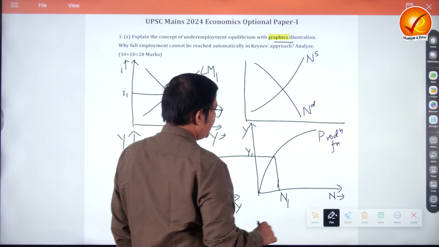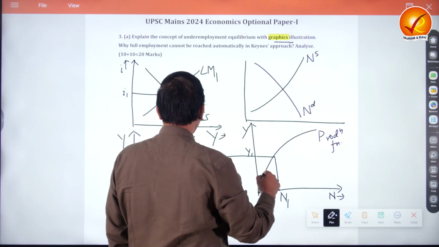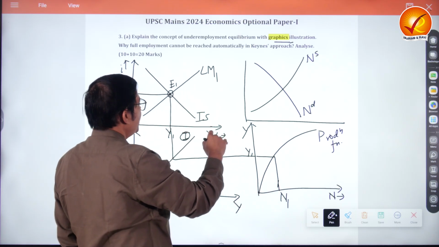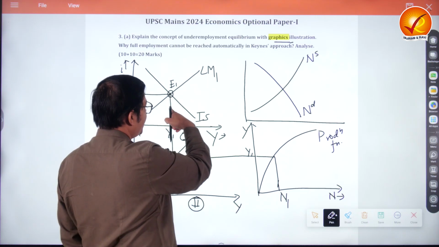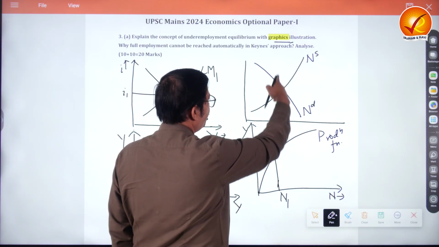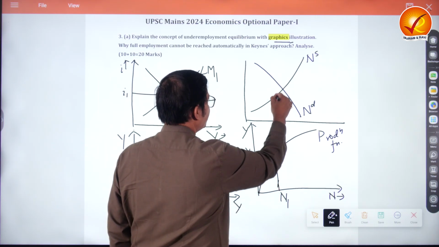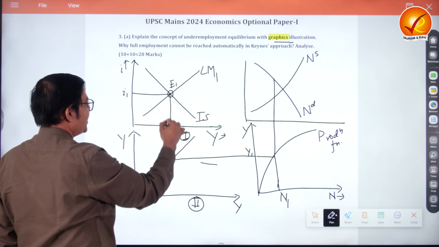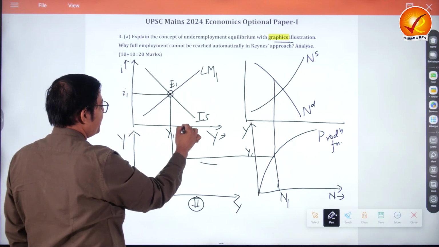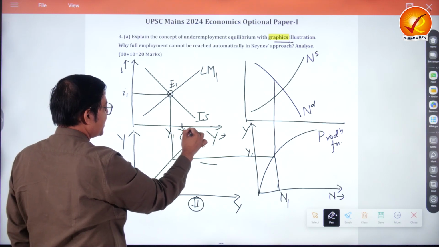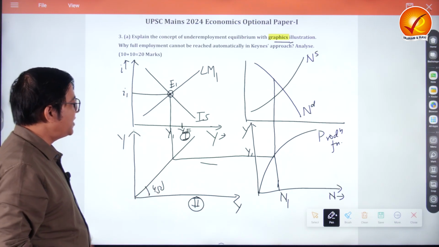And then you will be finding that ideally this equilibrium may or may not be at the equilibrium of this. Basically what we are saying is that maybe full employment output was here, YF, not at Y1.